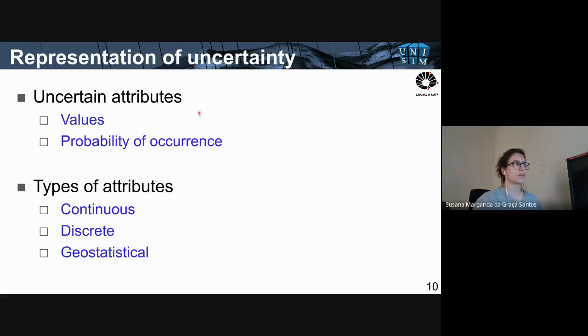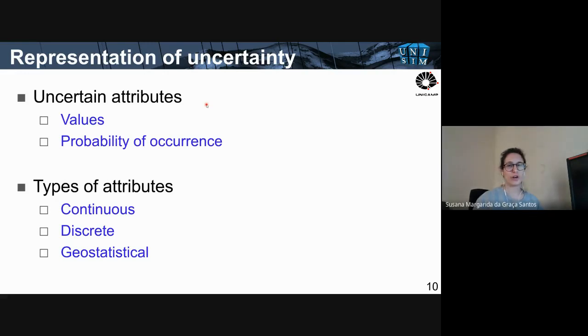Uncertain attributes are something that I don't know and I cannot control. I cannot choose the value of the porosity. It's unknown, but I cannot choose it. But when you talk about decision variables, it's something that I can choose. For example, the well placement: I may not know exactly what's the best well placement, but I can choose it. So this is different.